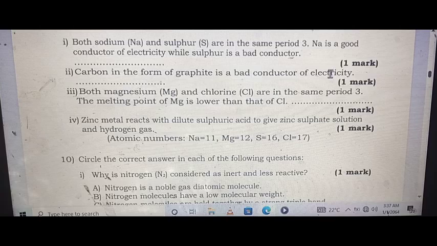The correct answer is false. 3. Both magnesium and chlorine are in period 3. The melting point of magnesium is lower than that of chlorine. The correct answer is false. 4. Zinc metal reacts with dilute sulfuric acid to give zinc sulfate solution and hydrogen gas. Atomic numbers: sodium 11, magnesium 12, sulfur 16, chlorine 17.